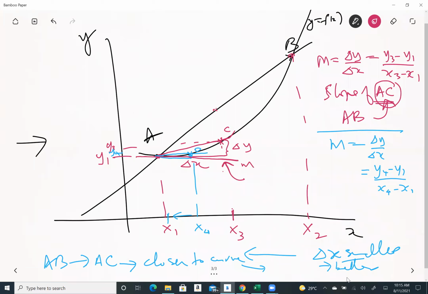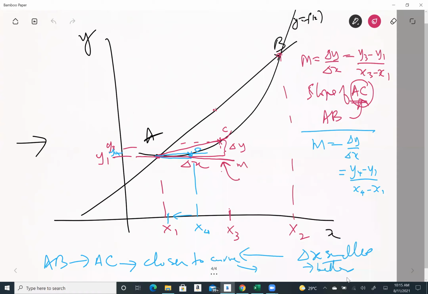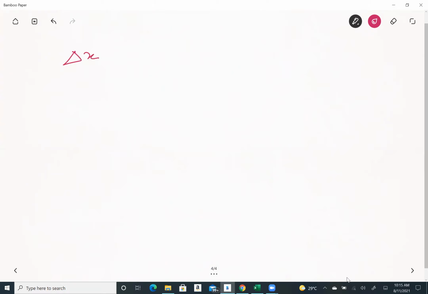So what you want to do here, you want to get a better estimate of the slope of the curve. What do you do? You make delta x even smaller. In fact, delta x will be approaching 0. Very, very small.